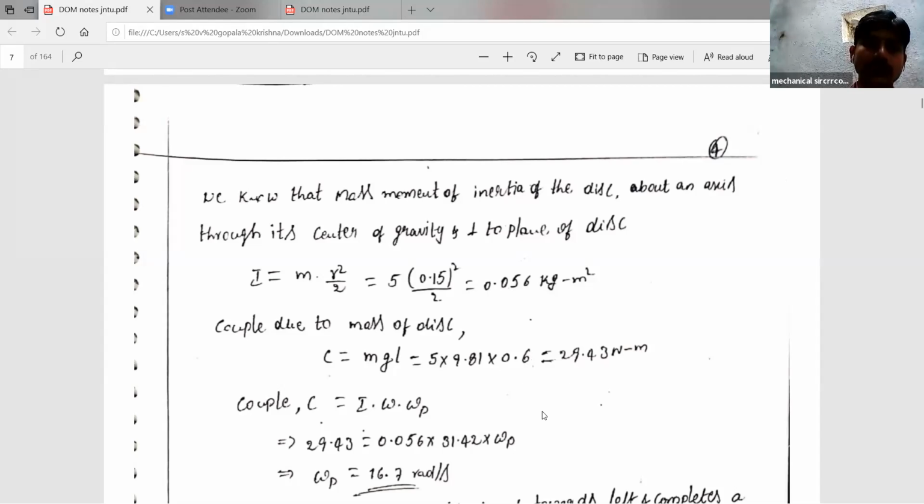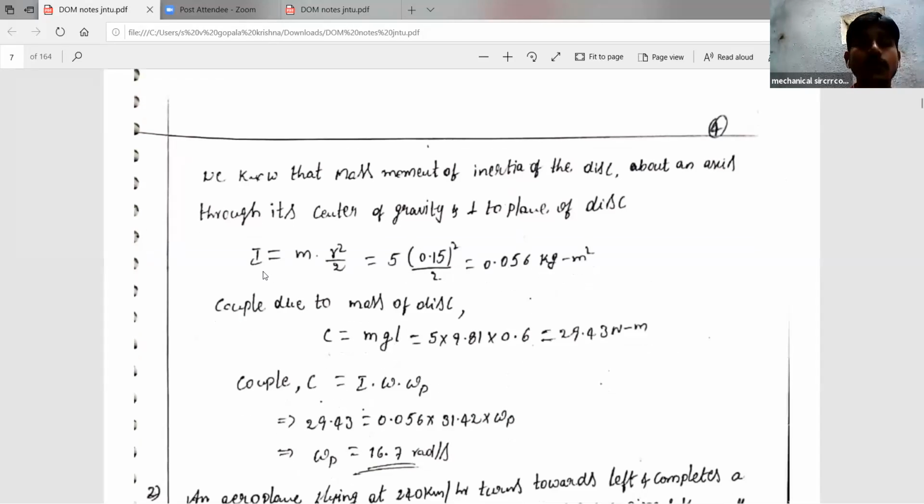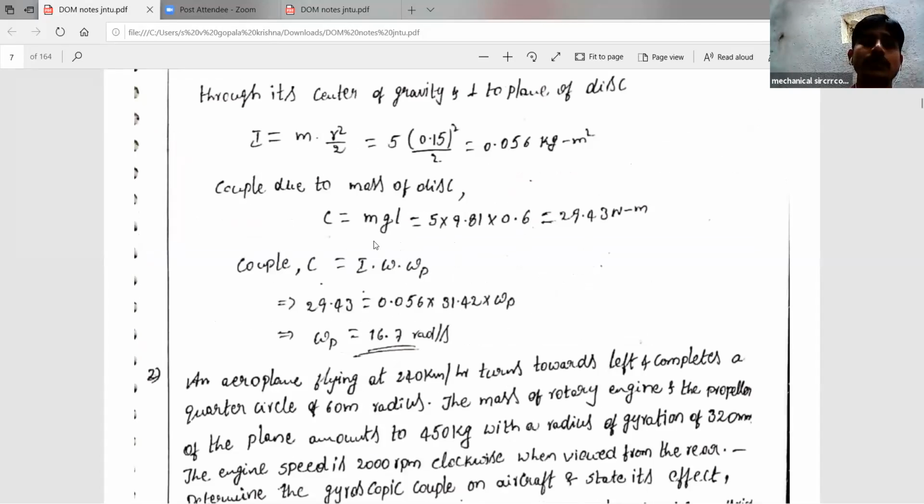And now, what is the formula for gyroscopic couple? I omega p. So C we already got from the simple formula. Just substitute that value 29.43, and I is 0.056, and omega 31.42, and omega suffix p is the unknown.